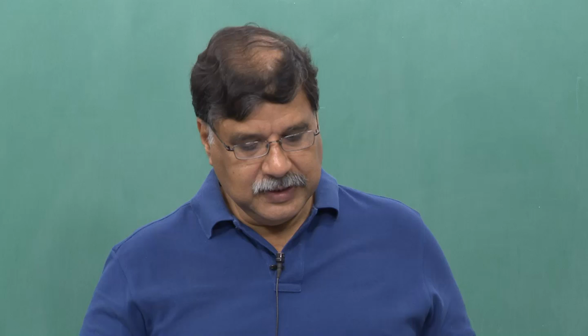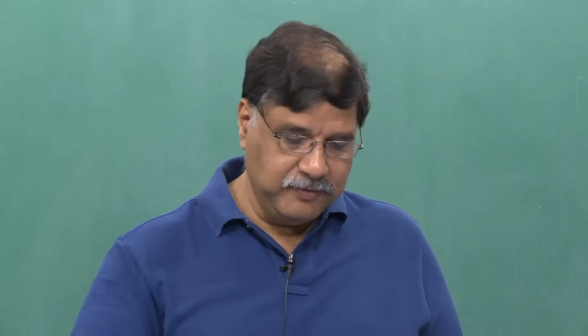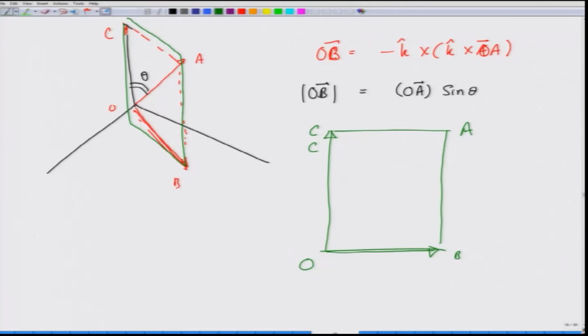What I am trying to do is to visualize things better, so I am drawing a two dimensional figure. I have drawn this figure OABC and this is my vector OA. This angle is given to be theta. So, you can immediately see that if I look at this triangle OAB, this is nothing but OA magnitude, so this should be magnitude sine of theta.